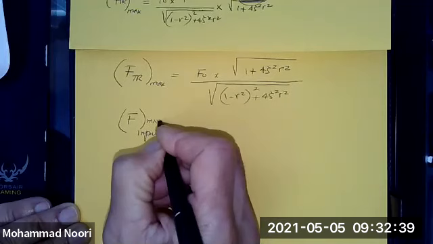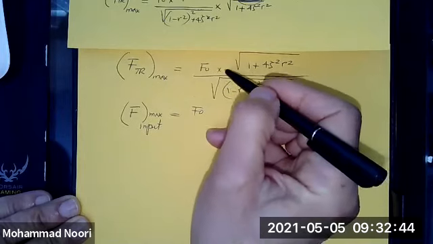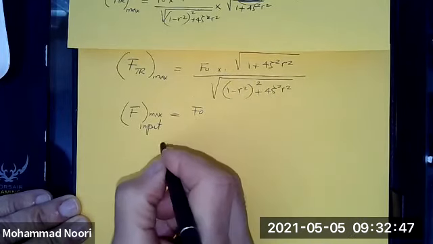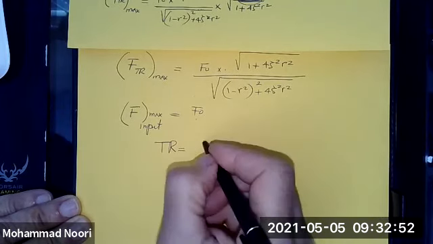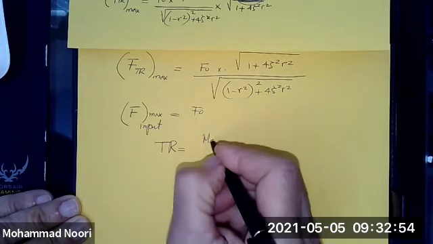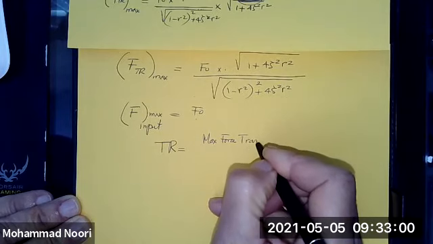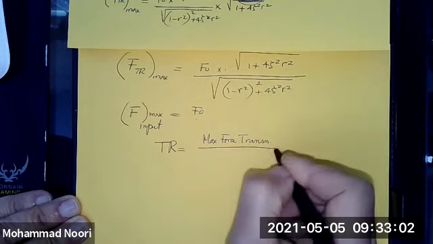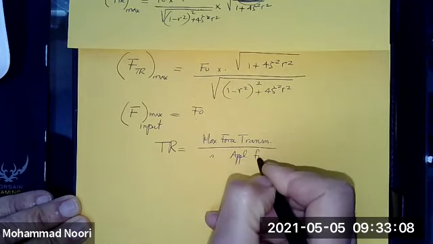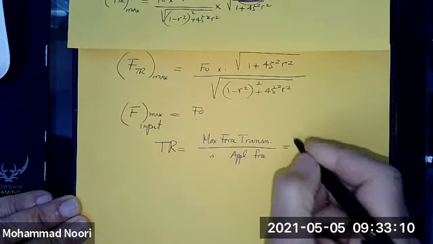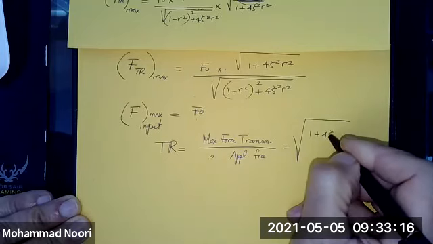It was F naught, right? So if you divide that to this transmissibility ratio, which was defined as the maximum force transmitted to the maximum applied force, becomes simply, I would just put them in the same radical.